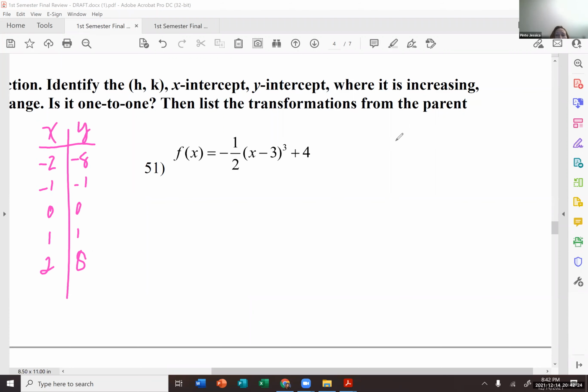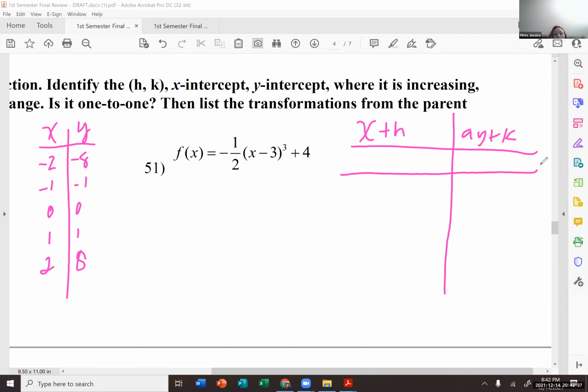And I make that transformation table, x plus h, a y plus k. So this one will be, okay, the a is equal to -1/2. The h, k is 3, 4. So x plus 3, the -1/2 y plus 4.